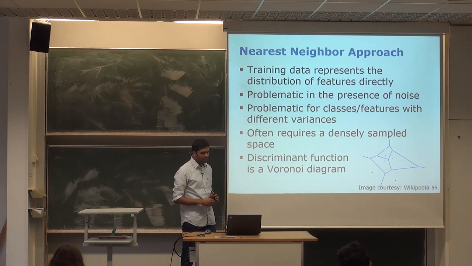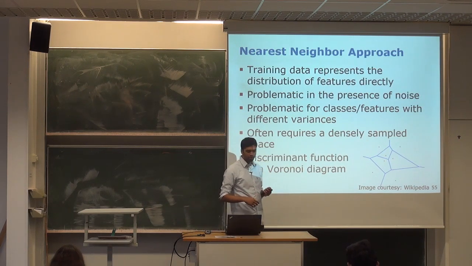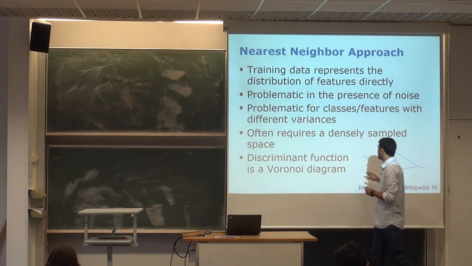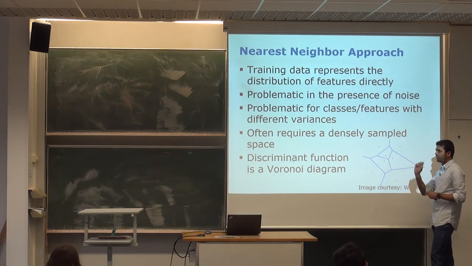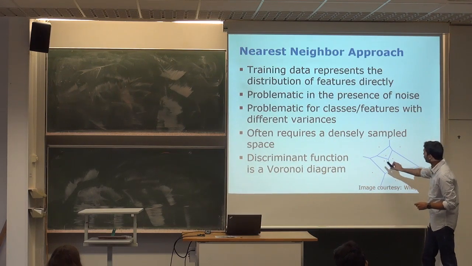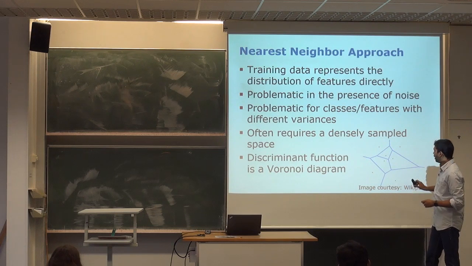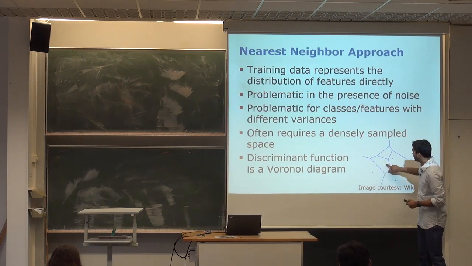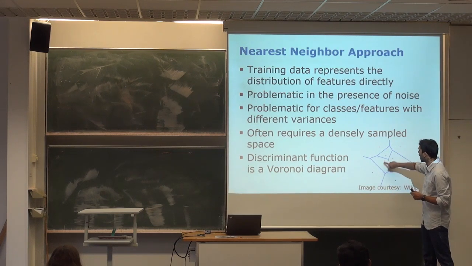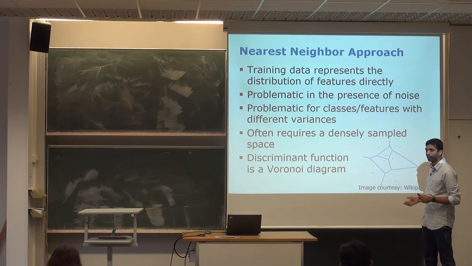And another way to basically think of this distance is actually in terms of the discriminant function. Essentially what this nearest neighbor function does is figure out these blue lines, and the red lines are the centers of these different classes that you have. So maybe this is land, water, urban environment, and so on.